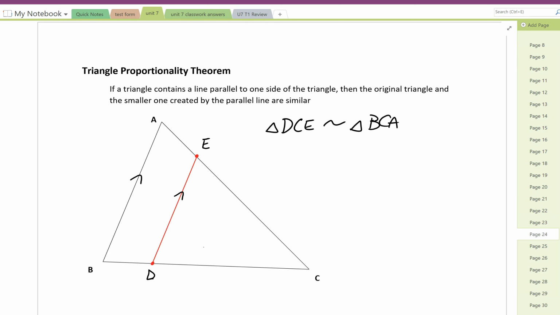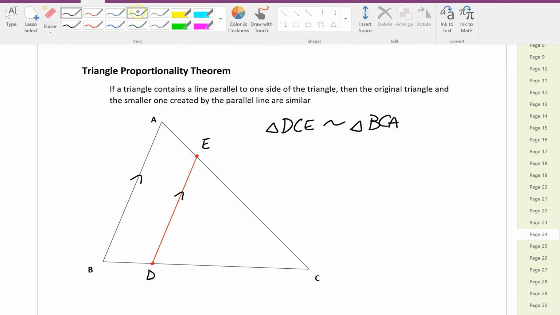Here's another thing though. When I draw a line like that, the two sides that line intersects with, and so in this case, that's going to be side AC and line BC, I break those two line segments up into two segments that are proportional to each other. This will be easier to see, I think, if I write it down.